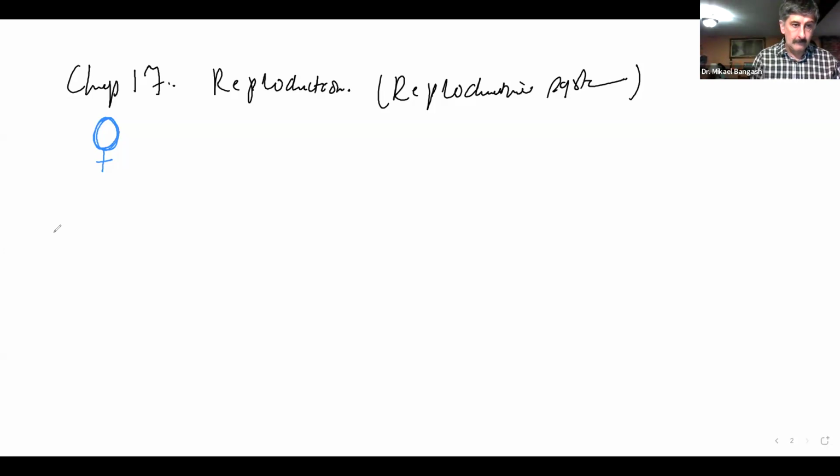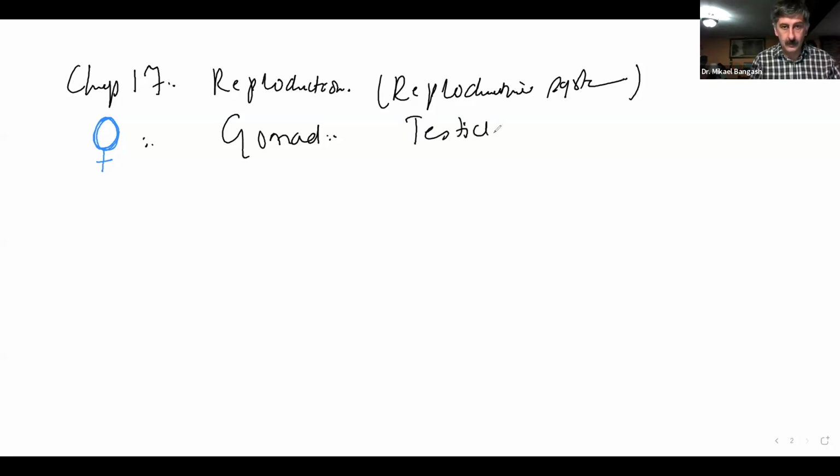First of all, in the male reproductive system, the gonad is going to be the testicles, or rather the testes.